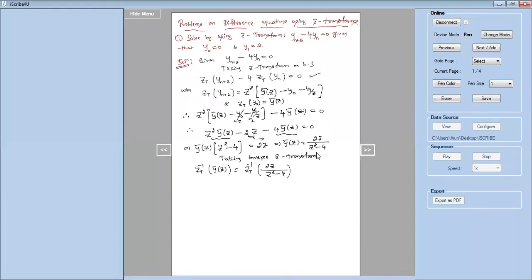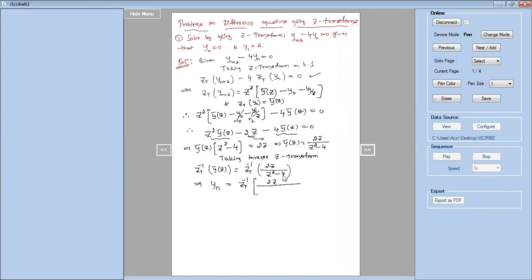And you know inverse Z transform of y bar of z is nothing but y(n), just as inverse Z transform of u bar of z is u(n). So here you get y(n) equals inverse Z transform of 2z by z square minus 4. Remember, guys, here you should have only the z minus k form, and here you have a square.